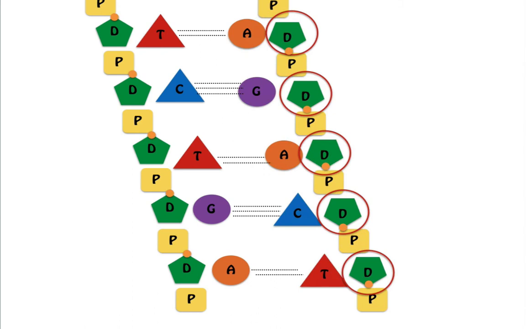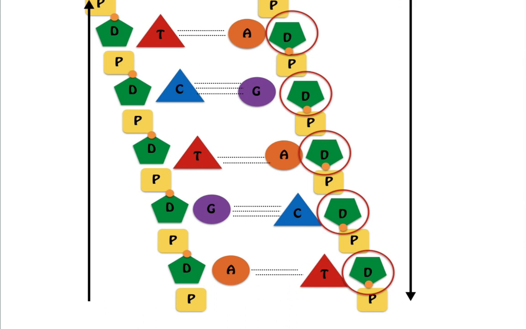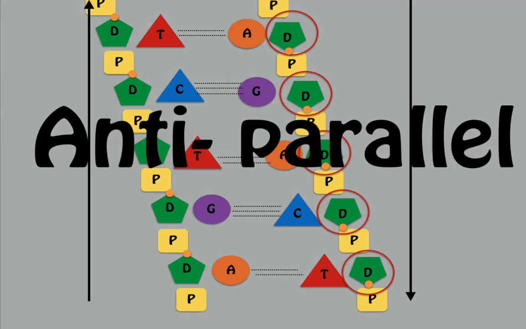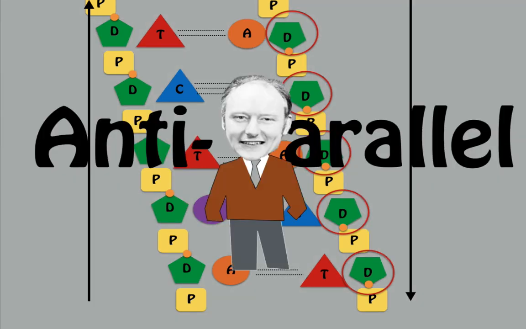So this is another one of the characteristics of DNA. You have parallel backbones of alternating phosphate and sugar molecules, but on one side, they point down. This leads us to the next idea. So pointing up, right, sugar molecule, and the other one's pointing down. This is anti-parallel. Okay, anti-parallel.